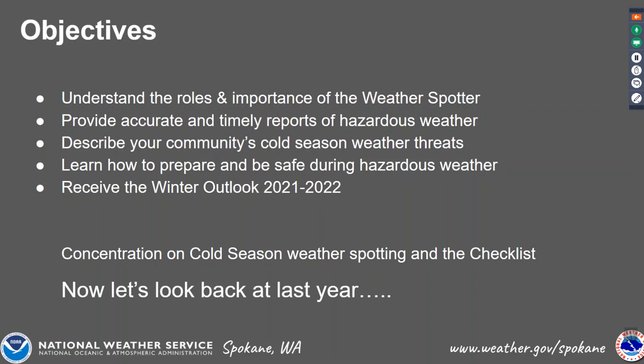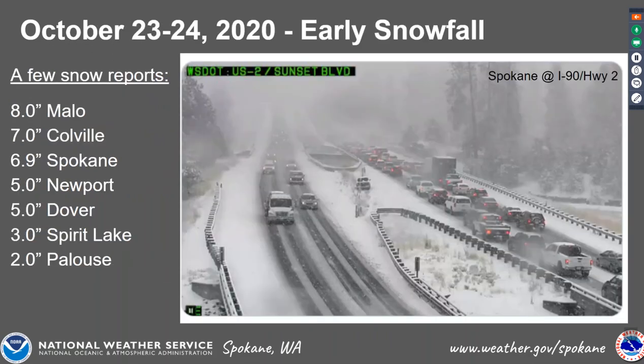So first, let's look back at what happened last year across our area. This happened right about 1 year ago. October 23rd and 24th, we had an early season snowfall with some reports quite high. Spokane had almost 7 inches, but Colville had 7 inches as well, as Malo had 8. And even as far down in Whitman County as Palouse had 2 inches.